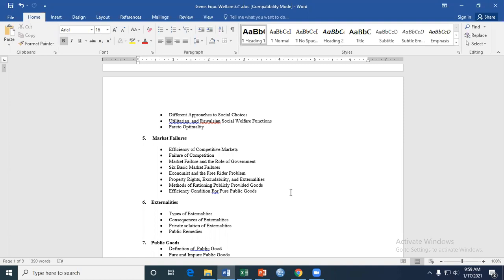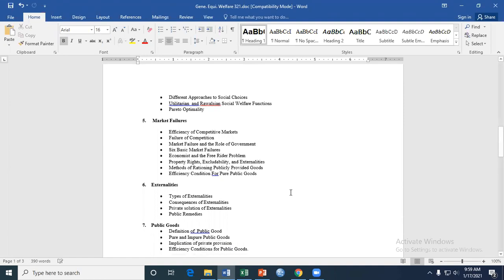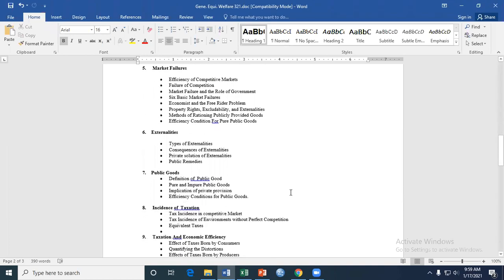Then the chapter of externality, where we will discuss the types of externalities, consequences of externalities, and public remedies. The chapter of public good will be discussed separately: definition of public good, incidence of tax.